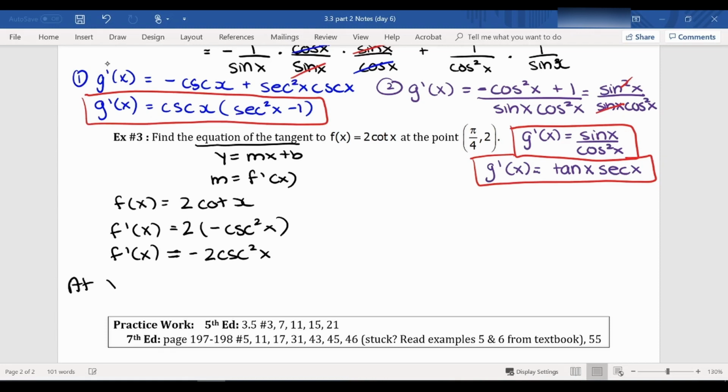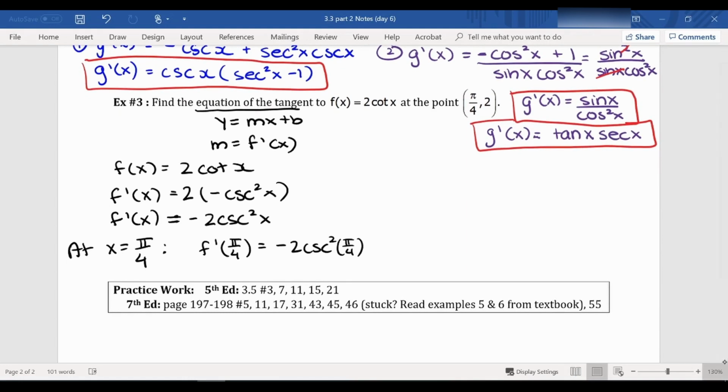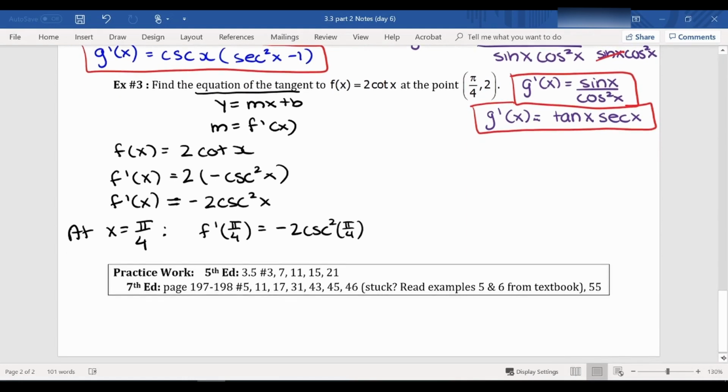So at an x value of pi over 4 from the question, that's what we were given, we have f prime of pi over 4 is going to be negative 2 cosecant squared of pi over 4. Okay. Well, this is the same as saying negative 2 over sine squared of pi over 4.